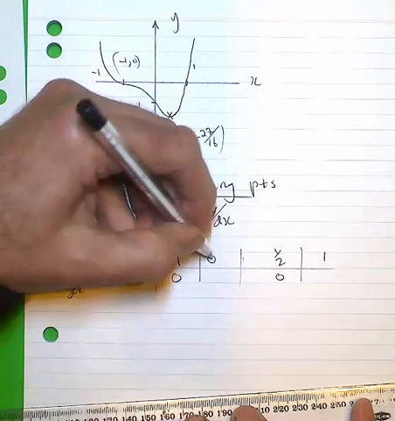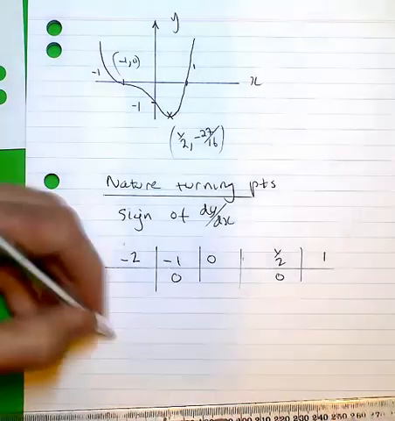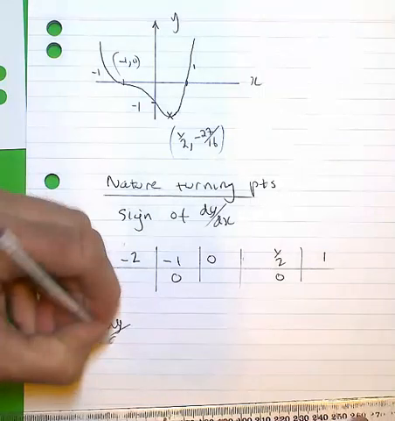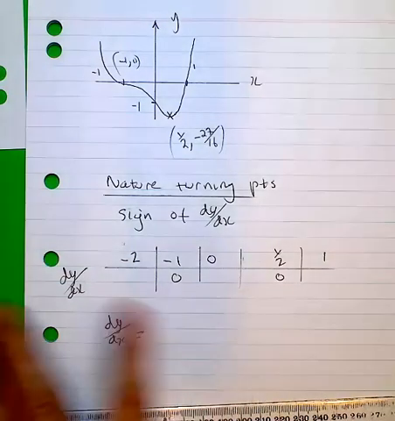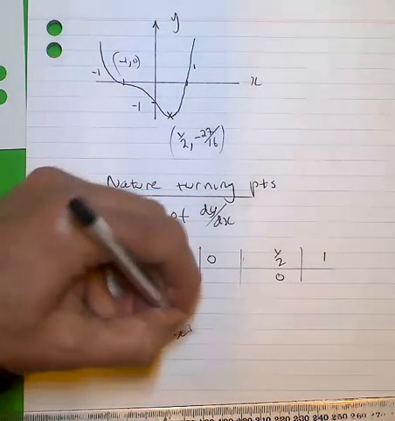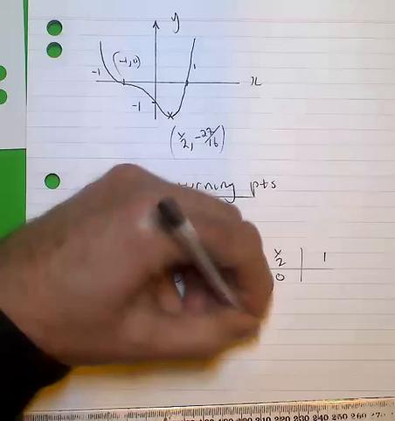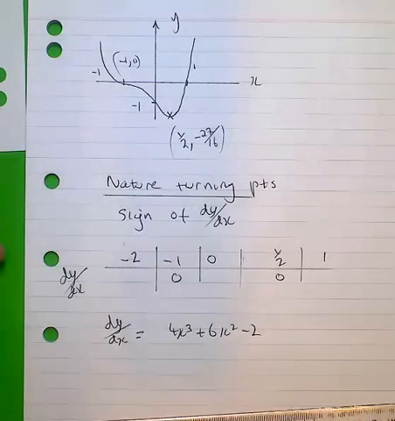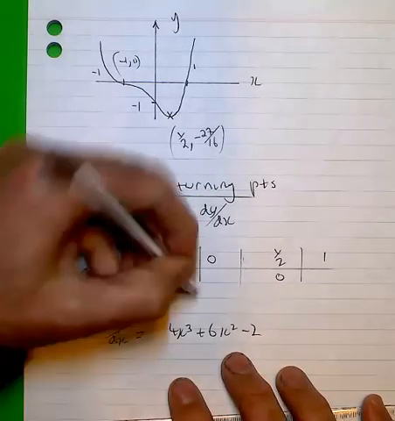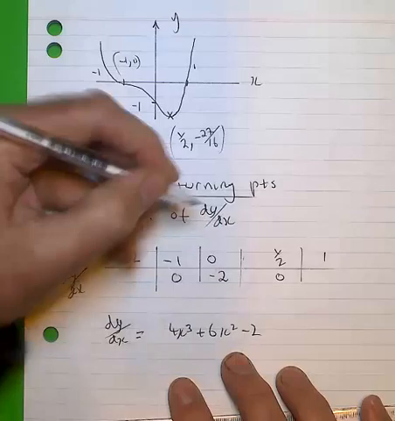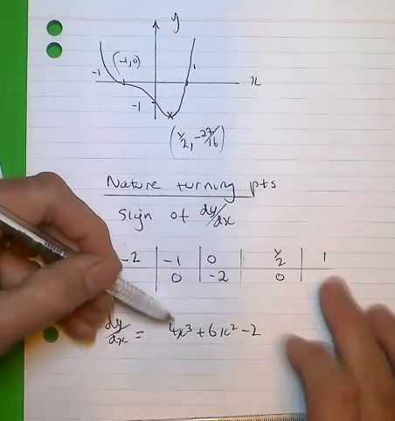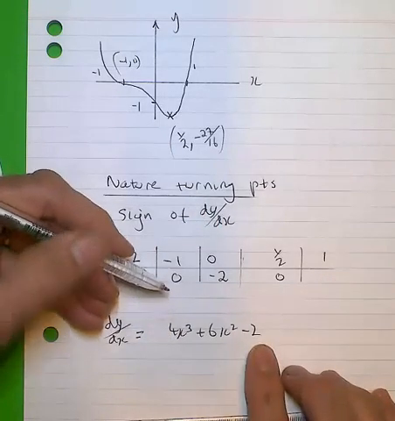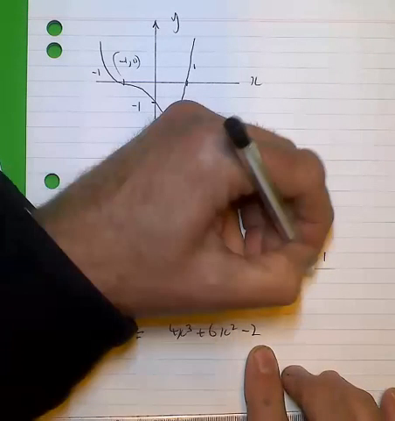Negative 2, 0, and 1. The derivative, dy over dx, is equal to 4x cubed plus 6x squared minus 2. Now, when I plug that in at 0, that's going to be negative 2. And when I plug 1 in, that will be 4 plus 6 minus 2, which is 8.